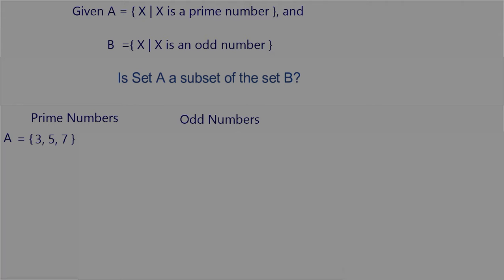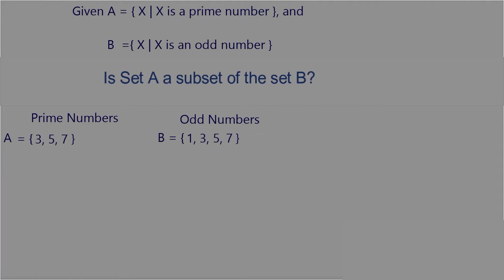And for set B, which contains only odd natural numbers, we can write at least 4 of those odd numbers. So in set A, the first 3 elements can also be found in set B. Which makes set A a subset of set B.